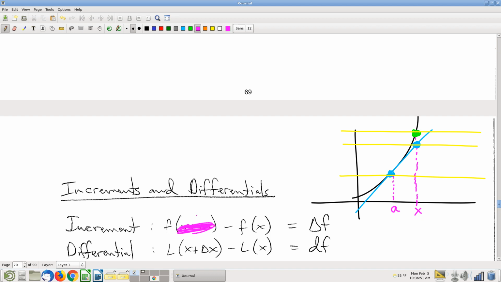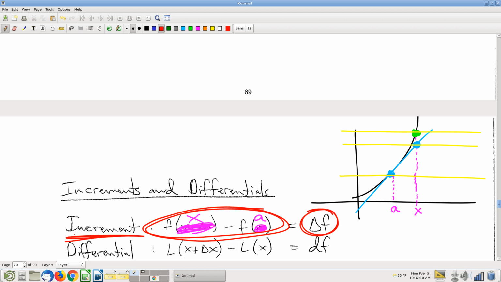That's x, and this, let's call this a. So this difference, f of x minus f of a, that's what we call delta f, and that's known as the increment.